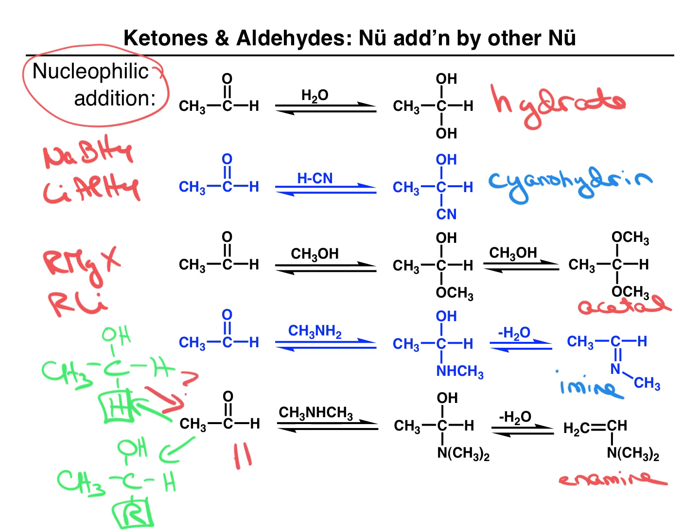That would require kicking out an H-, and that is not going to happen. If we tried to get this reaction to go backwards, then it would have to kick out either an H-, or to truly go backwards, it would have to kick out an R-. And so these reactions are not going to happen.